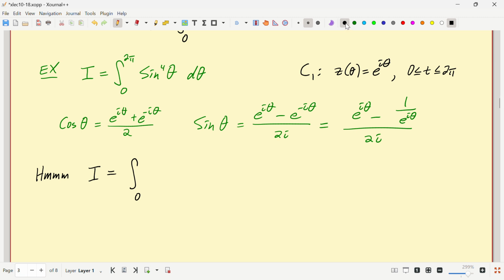So notice that our integral here is the integral from 0 to 2 pi, so that's the right interval. And I've got sine to the fourth. So look at e to the i theta. That's my z of theta. And then I have a 1 over z of theta over 2i to the fourth power. And I'm going to put my d theta over here.